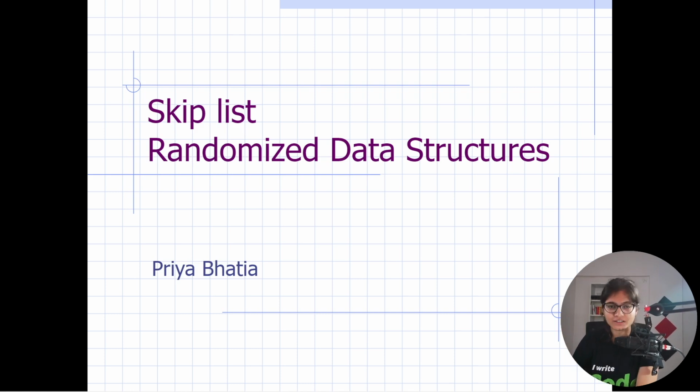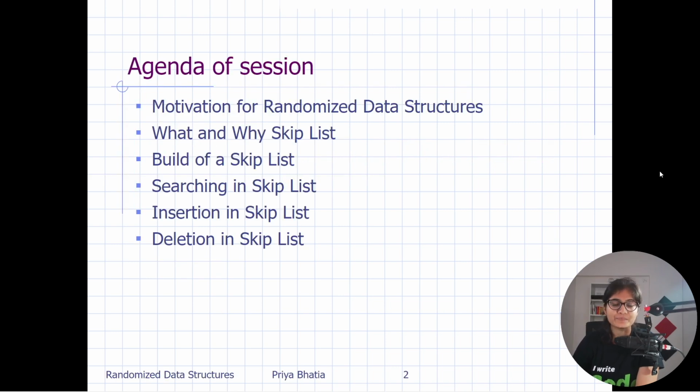So let's get started with the skip list data structure here. When I'm talking about skip list, there are a few things that we will try to understand in this session. First of all, what's the motivation behind these kinds of data structures? Secondly, why is the skip list required?